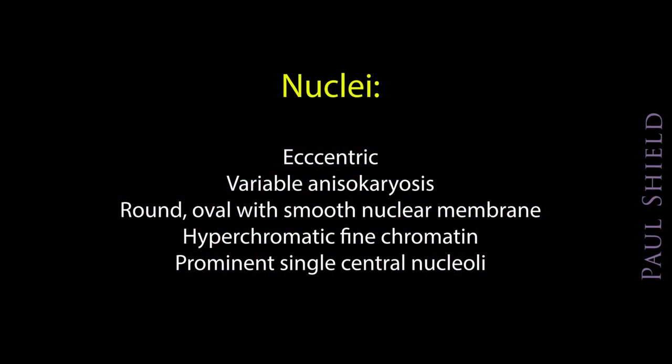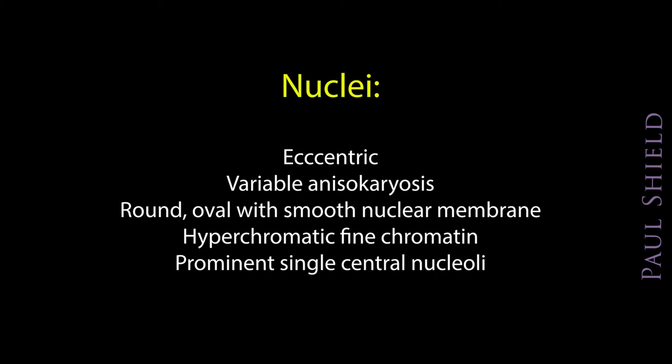Let's look at nuclei. So in adenocarcinoma cells, these are usually eccentric, so polarized to the basal end of the cell. They show variable anisokaryosis, so that obviously depends on the differentiation or the grade of the tumour.